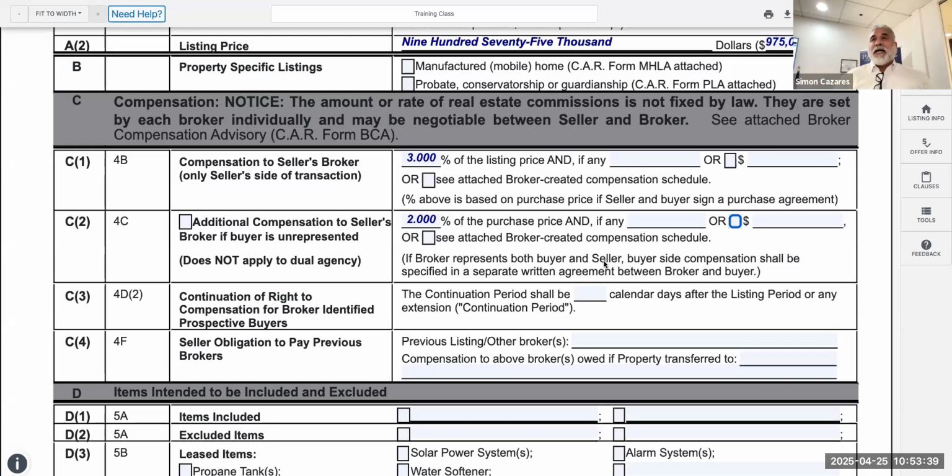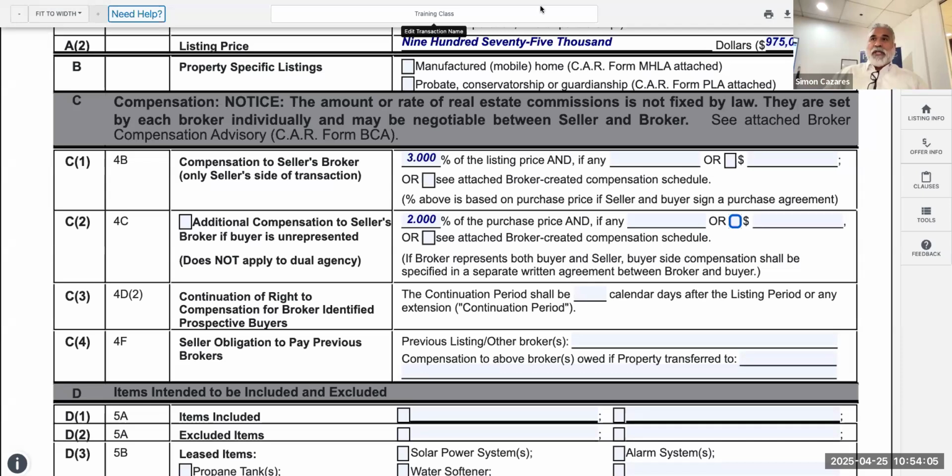That squashes the buyer's responsibility to pay you, because you're getting the compensation from the seller, which goes back to the traditional way of doing business. That's how it works. But let's say I submit an offer of 3% and it gets countered and the seller's only offering 2%. Well, there's a 1% discrepancy, right?